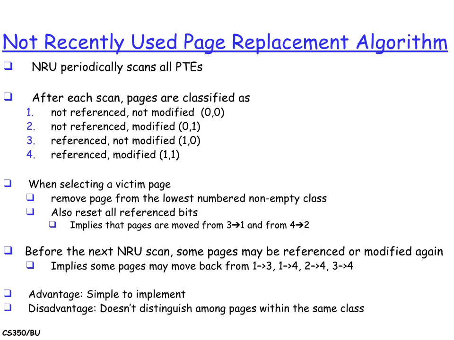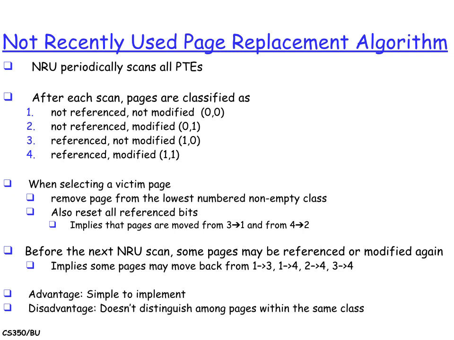So essentially the intuition behind the algorithm is that the lowest numbered class has pages that haven't been accessed for a while, and then we give preference to dirtied pages or non-dirtied pages if their reference bits are the same.